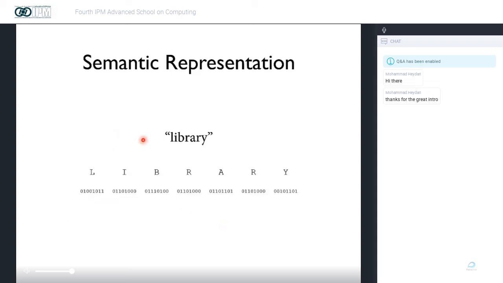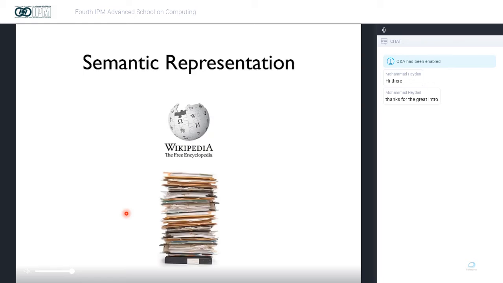For instance, consider the word library. To a computer, a library is nothing but a set of zeros and ones. Depending on the encoding, each of these characters is going to be represented by a few bits and bytes. And even if you store the whole Wikipedia on a computer, or tens of thousands or millions of documents, and then you ask a simple question like, what is the capital of Iran?